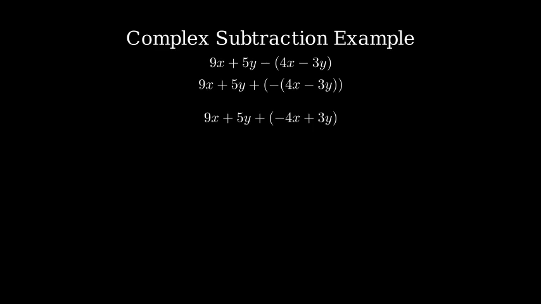Now we can rewrite our expression as 9x plus 5y minus 4x minus 3y. Grouping like terms, we have 9x minus 4x plus 5y minus 3y. Finally, 9x minus 4x equals 5x, and 5y minus 3y equals 2y. So our simplified expression is 5x plus 2y.